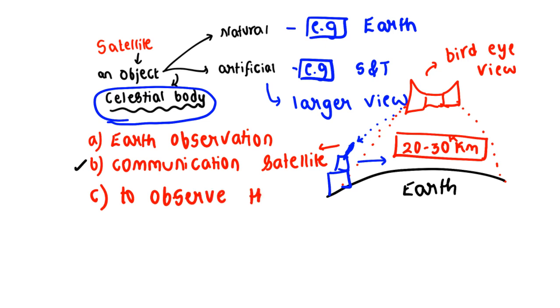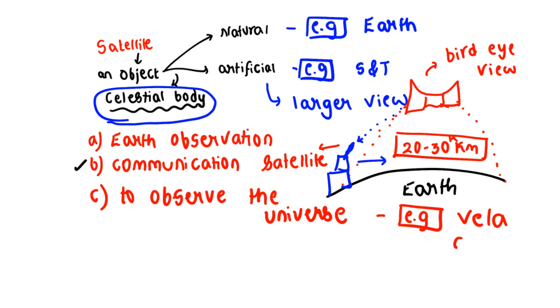These satellites are mainly placed to observe objects which are very distant from the Earth. For example, take a constellation called Vela. Constellation means a group of galaxies.